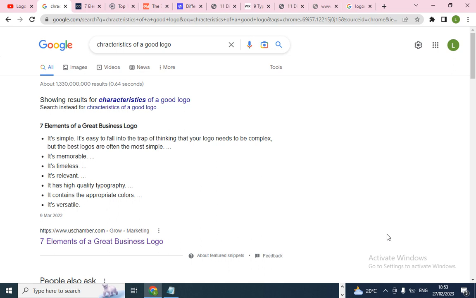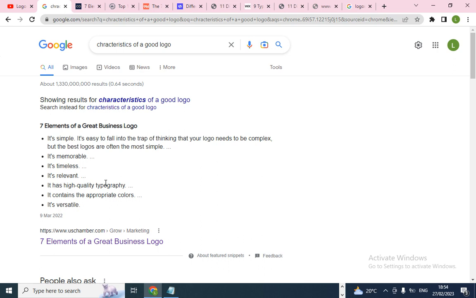Then he also continues and says it has high quality typography. We don't take this as an element, because that is basic; every logo should have that. It should be of good quality. He also says it should contain appropriate colors.